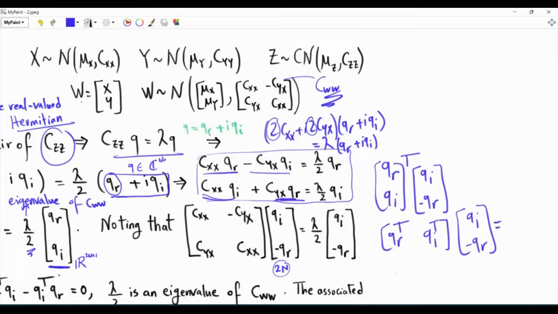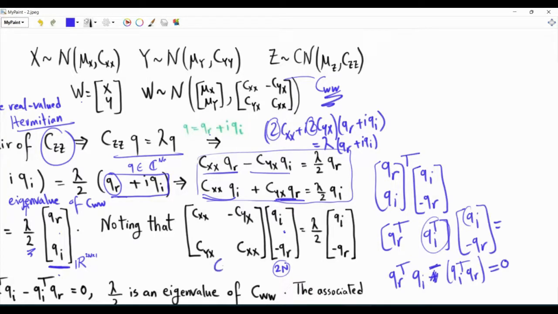If we do the multiplication, this is QR transpose QI minus QI transpose QR. For real valued vectors, QR transpose QI is exactly equal to QI transpose QR. So this is equal to 0. In other words, this vector is orthogonal to this vector, so they are linearly independent.